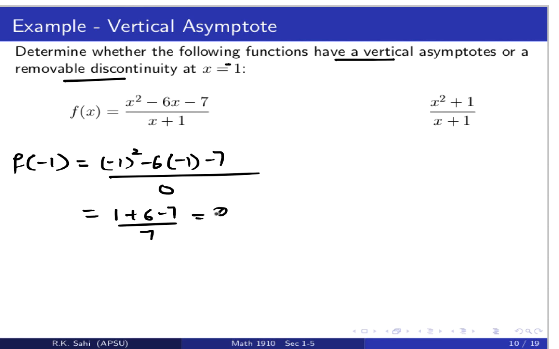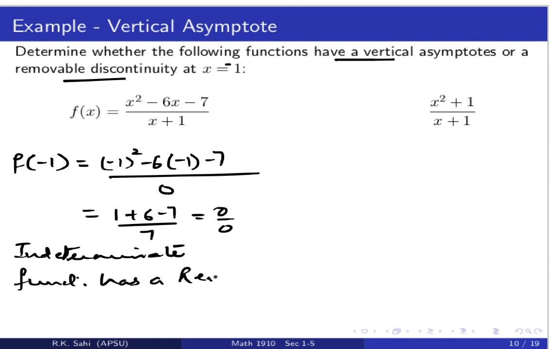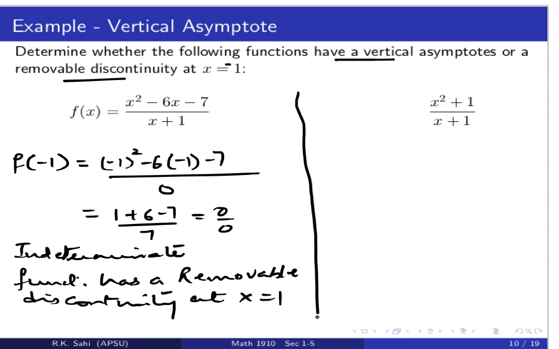We are getting a 0 by 0 form. When you have a 0 by 0 form, that means it's indeterminate. And also it means that the function has a removable discontinuity. That's the meaning of it, guys. So it has a removable discontinuity at x equals 1. That means there is a hole. And this one is basically a hole. Okay.